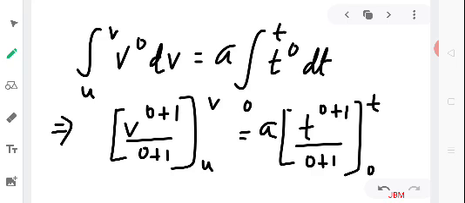So now 0 plus 1 is equal to 1. So you can write straight away v on the left hand side. In the numerator also you have 0 plus 1, that is equal to 1, and that can be omitted.